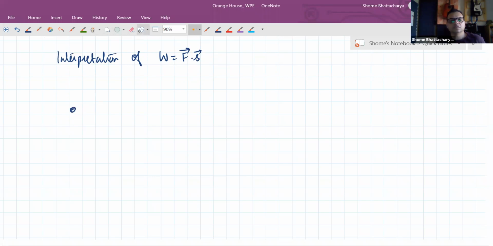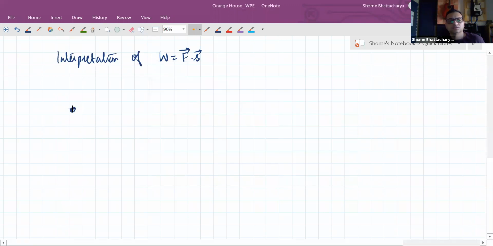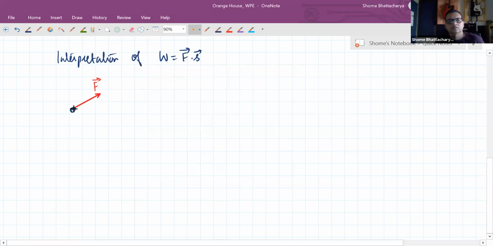So if on a particle we are applying a force F like this, while the particle itself is making a displacement like this, let us say, where the angle between these two is theta.